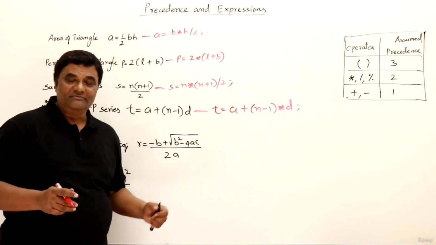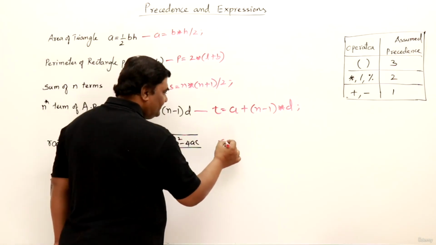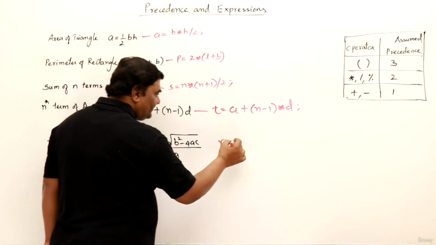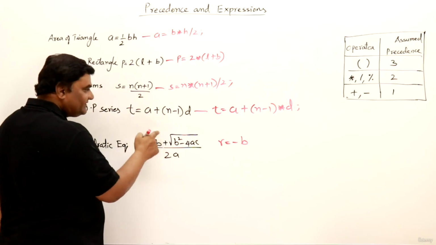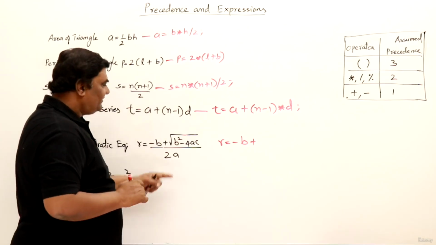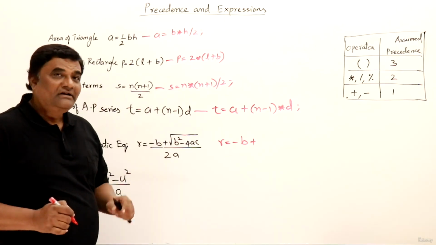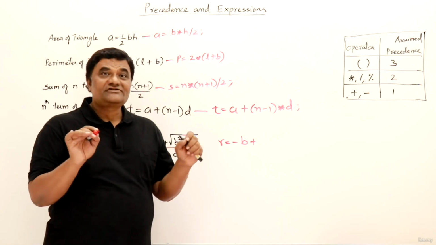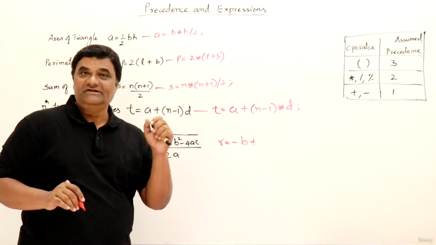Now coming to the next formula, root of quadratic equation. This is a little lengthy formula. Let us write it. R assigned with minus b. Only one root I am taking. It is plus or minus, so we'll take just plus. Then square root of b square minus 4ac. How do you write B square? There is no symbol for square, or power symbol is not there in C++, but there is a function available.